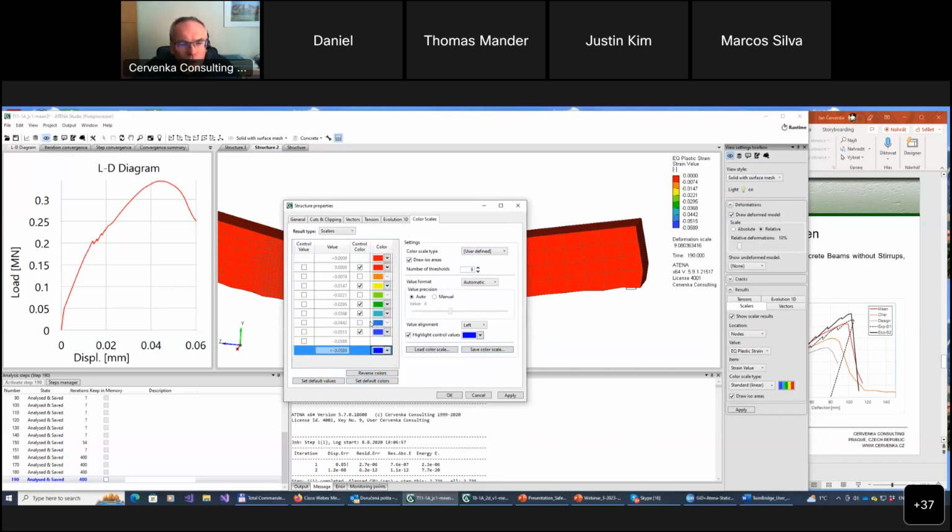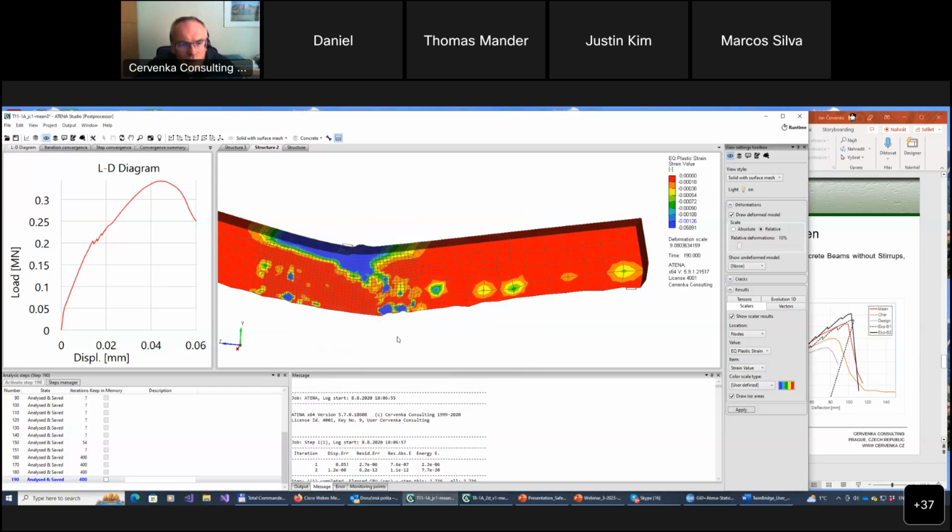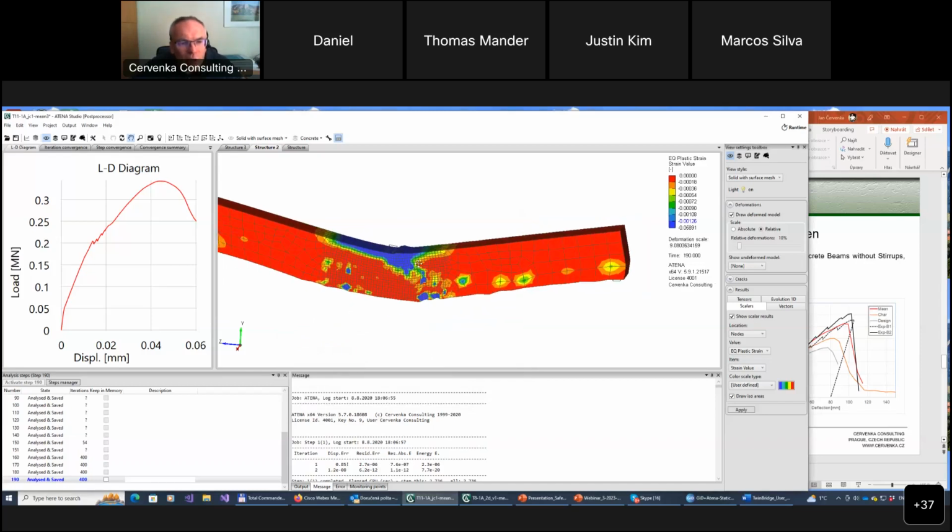But because I know what this critical value of the epsilon CP is, I want to set up my scale such that whatever will be red color will represent this concrete where it fully crashed.